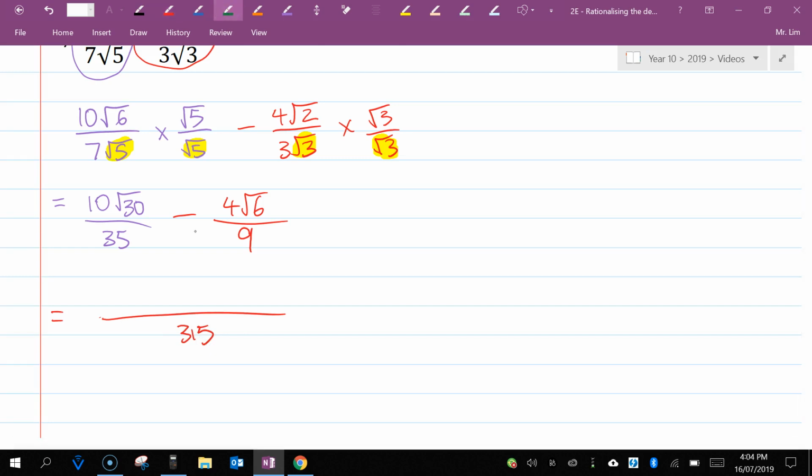And now I'm going to cross multiply like this. Okay, so 10 root 30 times 9 is 90 root 30. Put our minus sign. 35 times 4, 70, 140 root 6. And that's it.